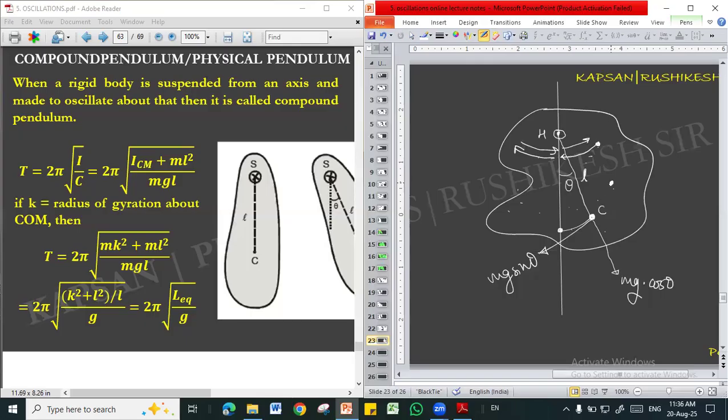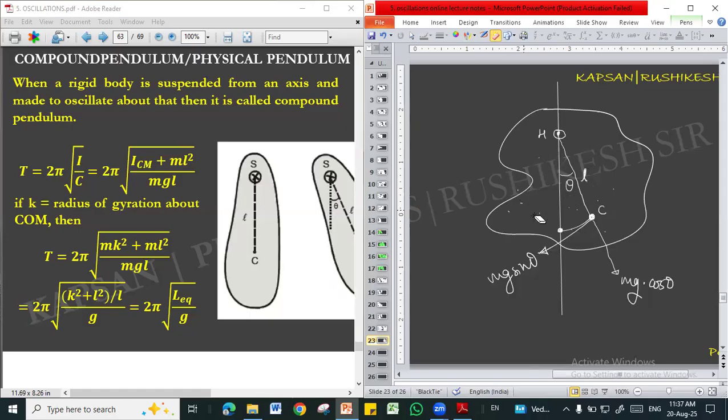Because there are thousands of pendulums, the collective object is called a compound pendulum. Clear?